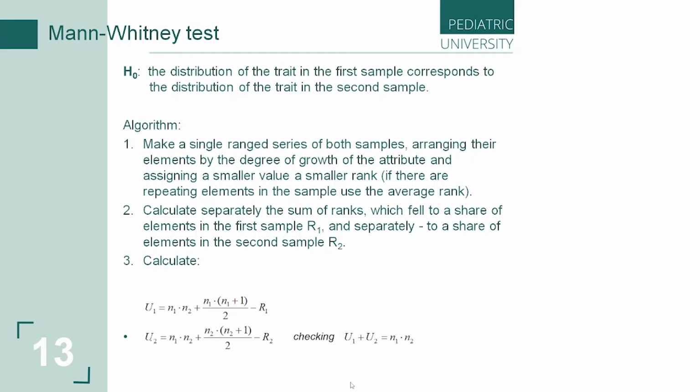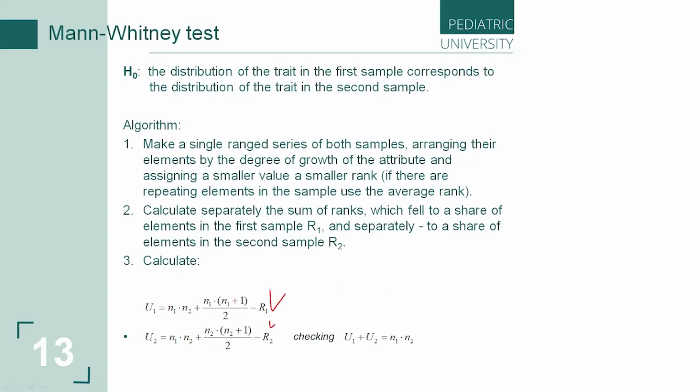Then we count the sum of ranks which fall on the first sample and the sum of ranks which fall on the elements of the second sample. Then we count the U1 and U2 values using the following formulas. You can see them on the slide here and here.